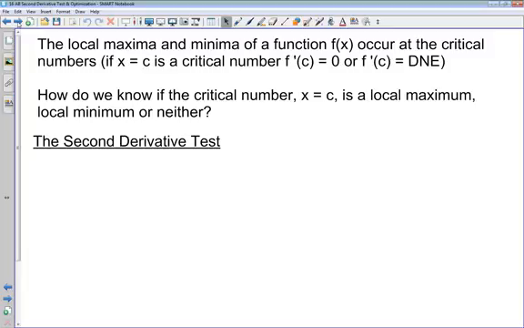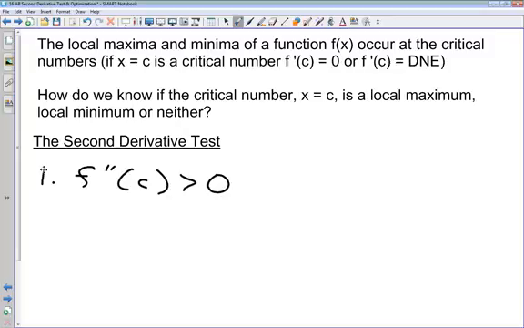So what is the second derivative test? Well, if x equals c is a critical number, we've got three possibilities here. Number one, the second derivative at that value of c could be greater than 0, i.e. our second derivative is positive.